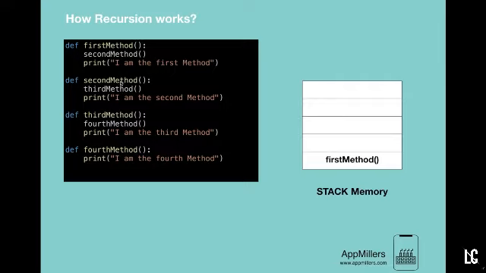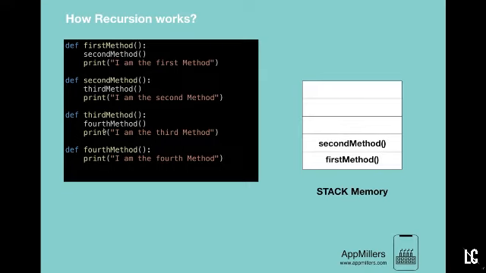Okay, if you look at the second method, we see that this method also calls another method, which is the third method. So the system once again needs to store the second method to come back to execute the print statement after the third method. This one over here. So the second method will be pushed to stack as well.